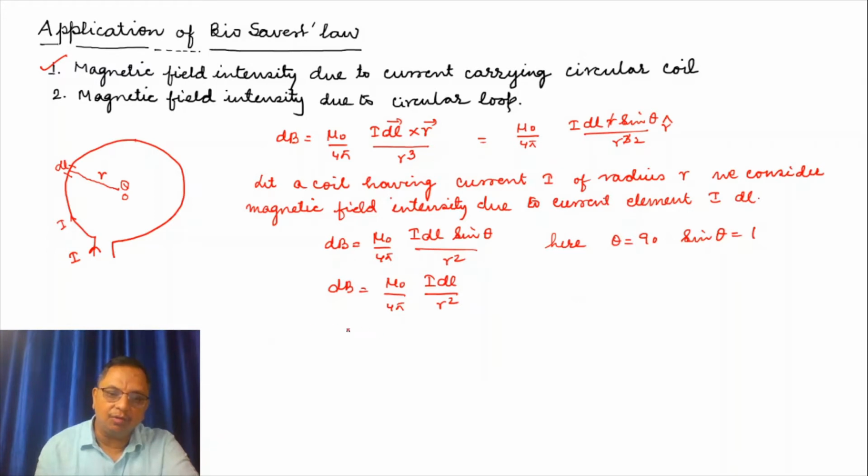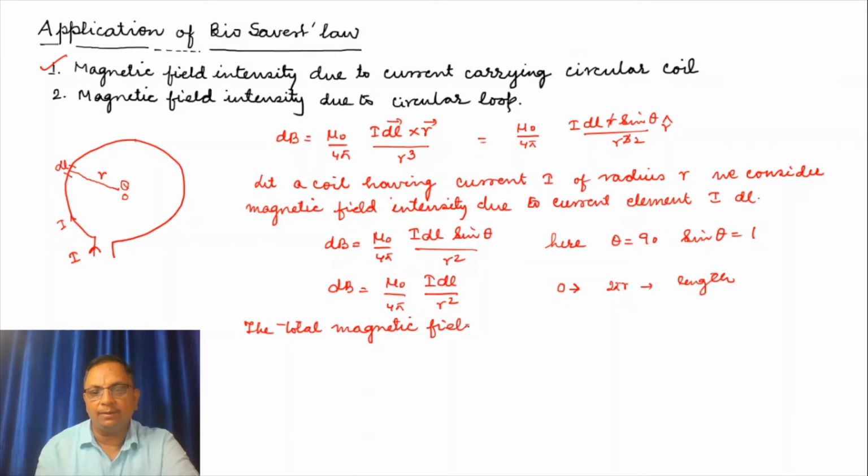If we consider the magnetic field due to the whole coil, the length of the coil becomes 2 pi r. Means we integrate from 0 to 2 pi r. So the total magnetic field will be the integral from 0 to 2 pi r of dB.